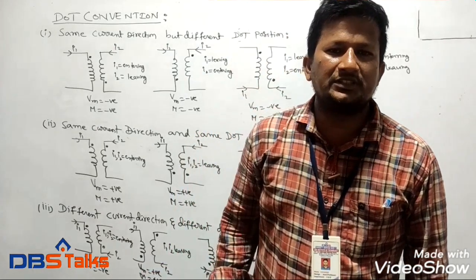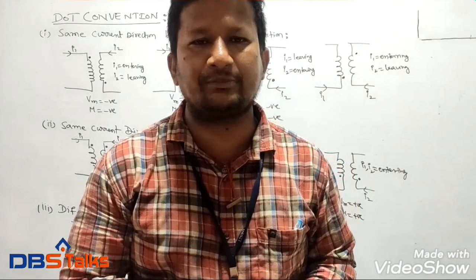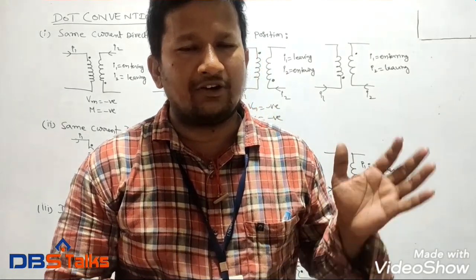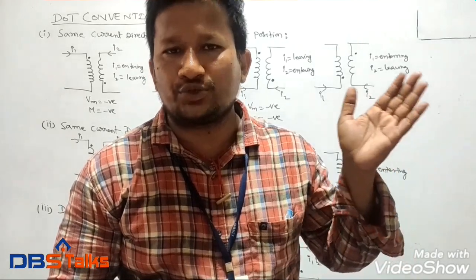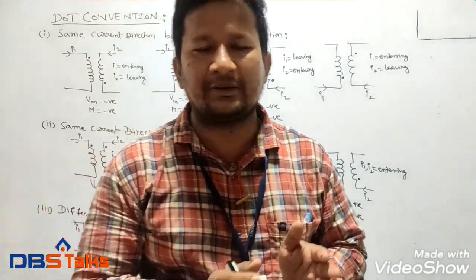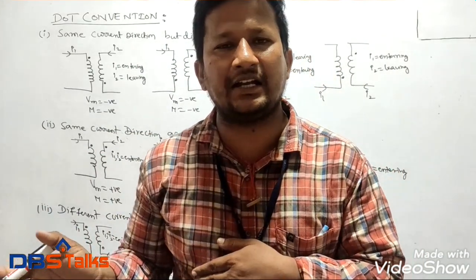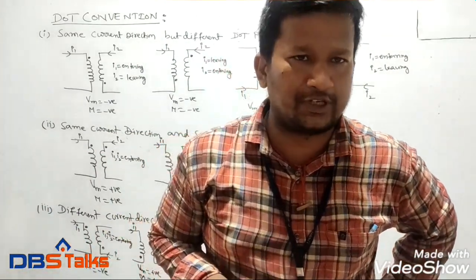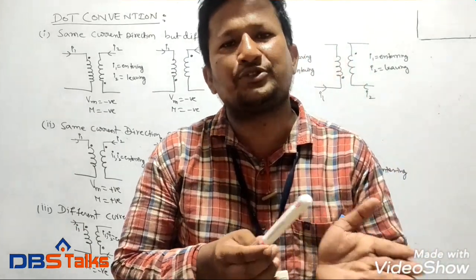Another concept is dot convention, as I discussed earlier regarding the mutual induction principle. Whenever you give supply to one circuit, current flows through that circuit and produces flux. That flux links with the secondary coil through the mutual induction principle.